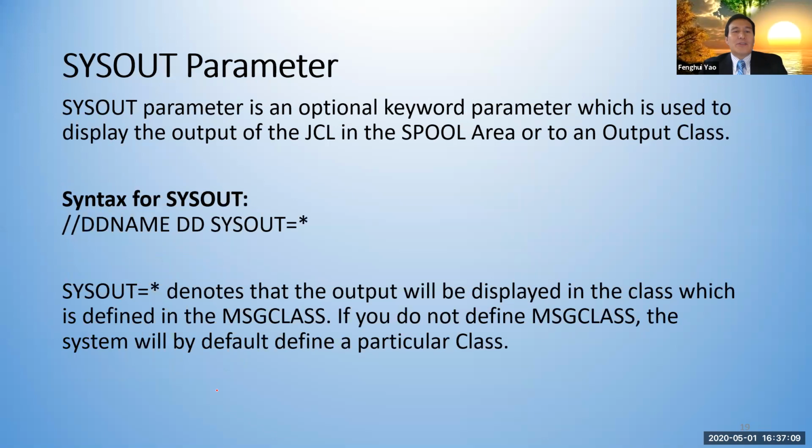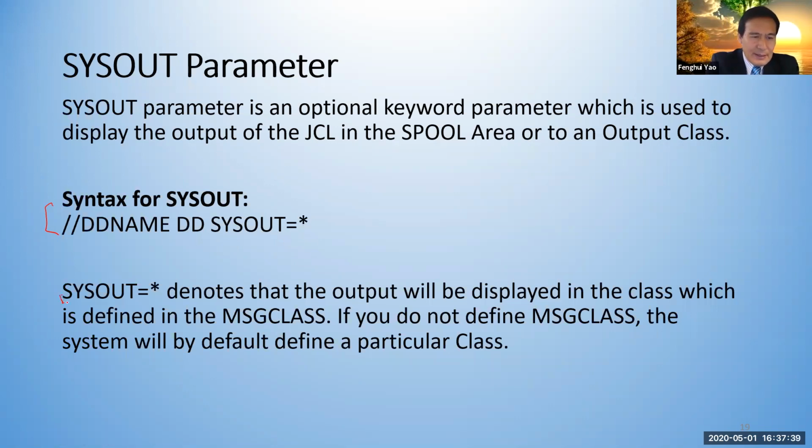Next is the SYSOUT parameter. The SYSOUT parameter is an optional keyword parameter which is used to display the output of JCL in the spool area or to an output class. The syntax for SYSOUT is like this: ddname DD SYSOUT=*.